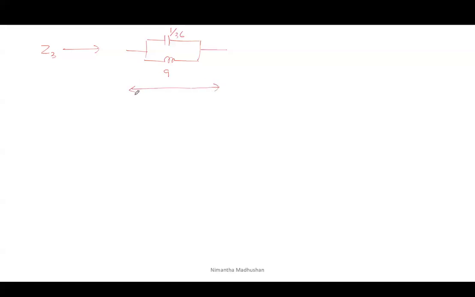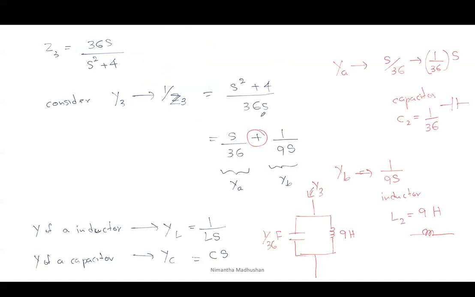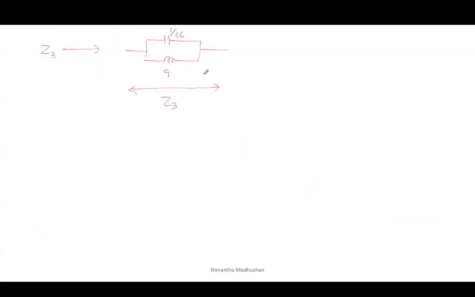If I consider the total impedance Z3, we can get the same answer. In a parallel connection, Z is a capacitor and inductor: impedance of the capacitor multiplied by impedance of the inductor over impedance of the capacitor plus impedance of the inductor.